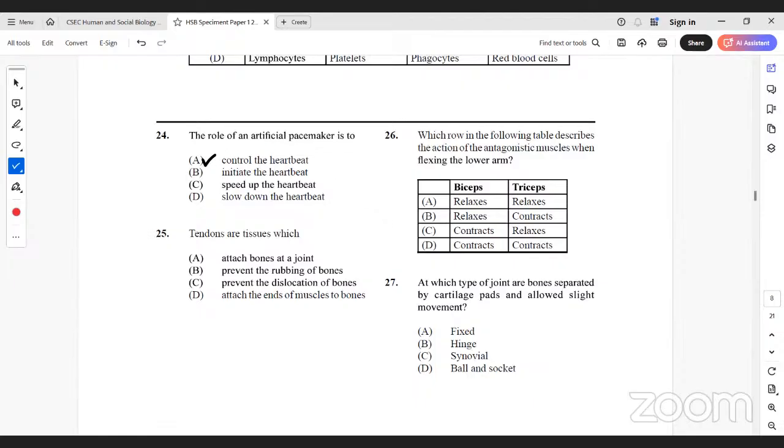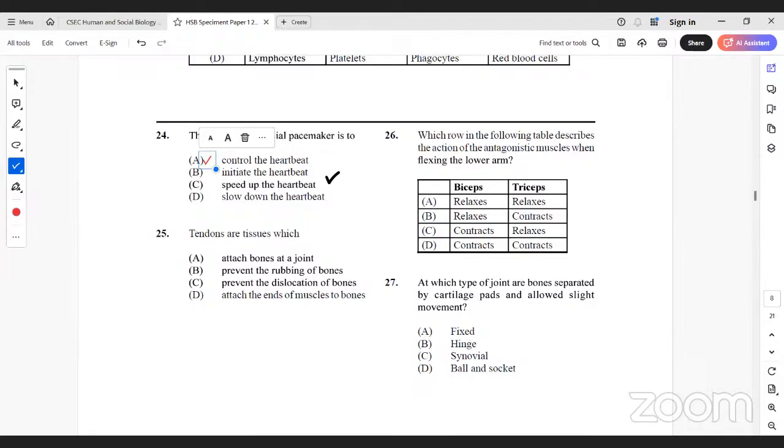So which statement works the best? It controls the heartbeat, initiate the heartbeat, speed up the heartbeat, slow down the heartbeat. You need to pick which one covers as much. So the one that covers as much is control the heartbeat. I'm glad that others were able to arrive at that conclusion as well.